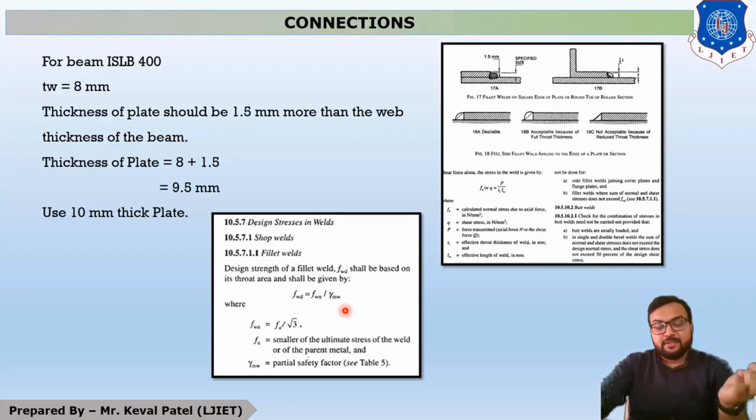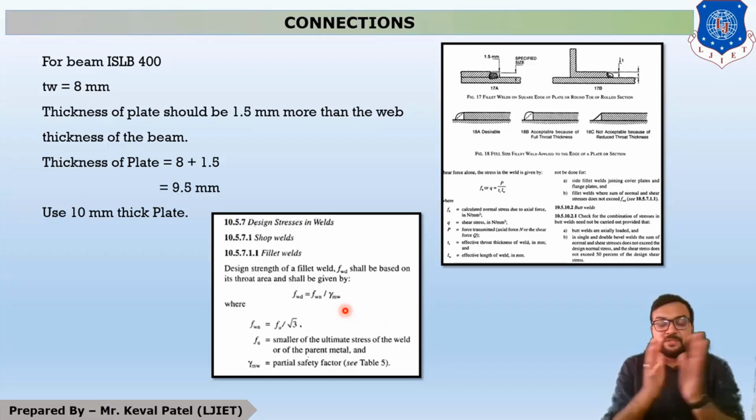Now as discussed earlier, there are two types of welding: the first is shop welding and the second is field welding. The value of gamma Mw, which is the partial safety factor for welding, is given on page number 30. You can see that for shop welding the partial safety factor is 1.25 and for field welding it is 1.5.